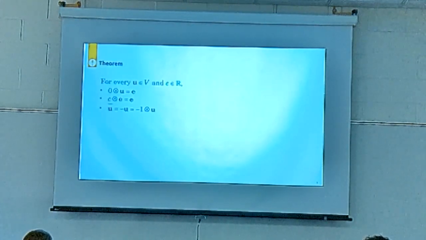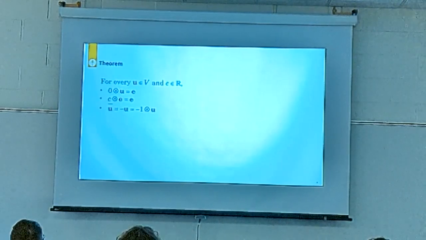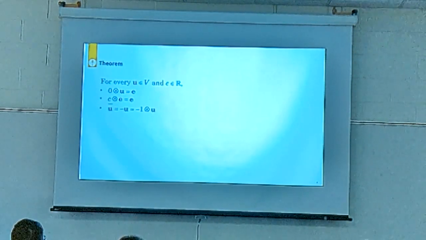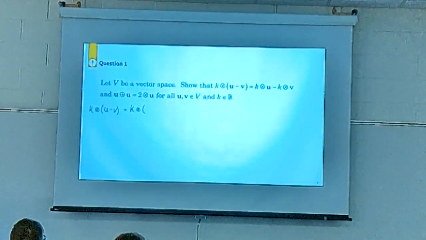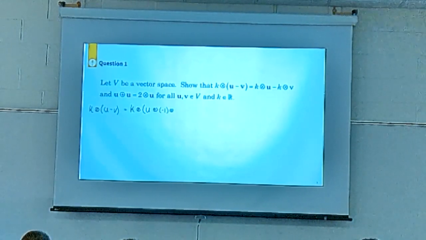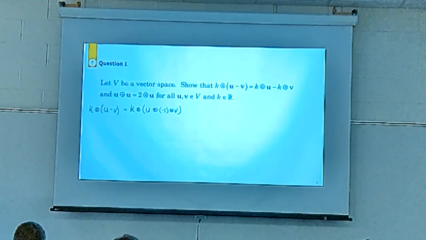Well, from the third property, minus v is actually -1 times v. Maybe we should switch from using these because they look very similar.